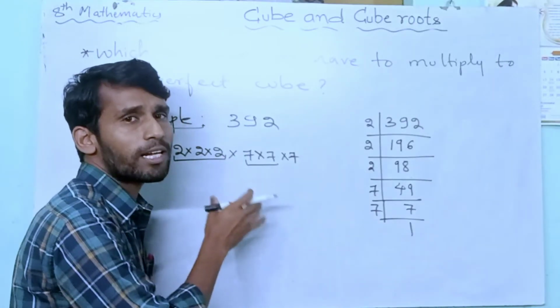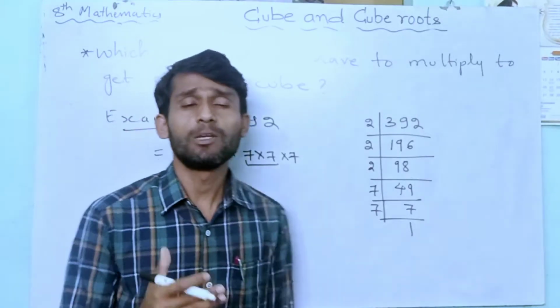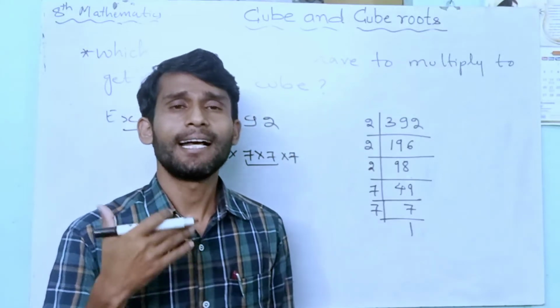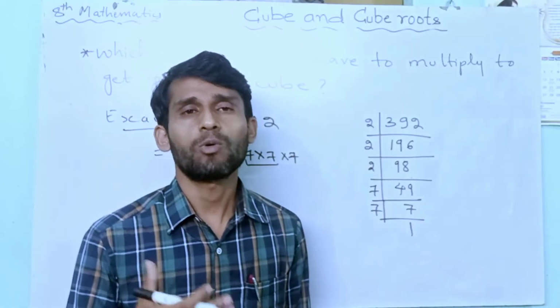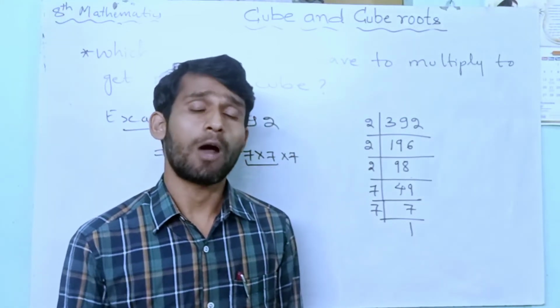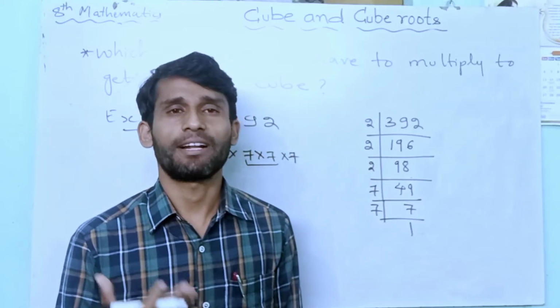Dear friend, by using this method, when any number is given, we can find out which number we have to multiply to get a perfect cube.